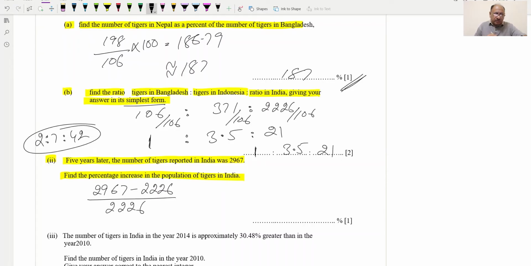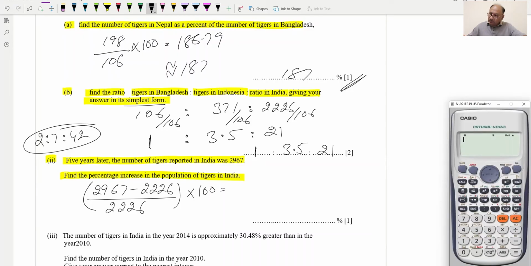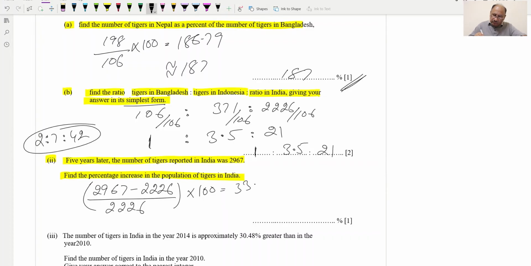We always do this for percentage increase or decrease, and this will be multiplied by 100. This is equal to 33.288.